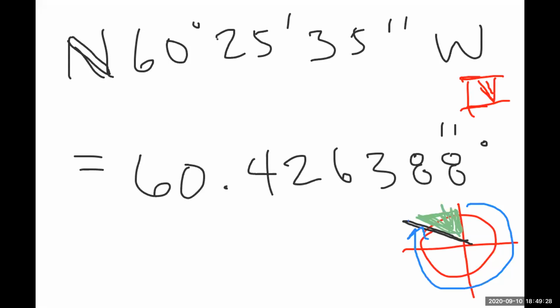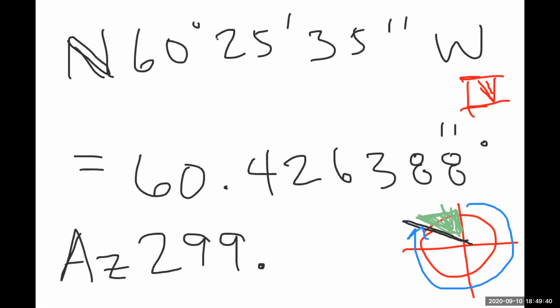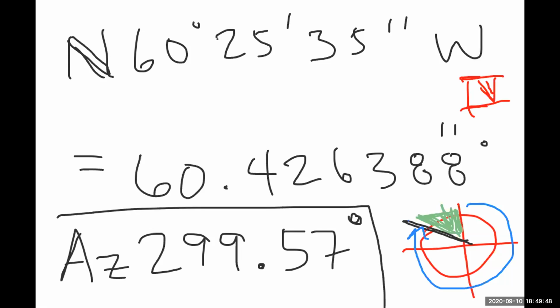So my azimuth really is AZ, we always say AZ, 299.57 degrees, because I round to the nearest hundredth. So those azimuth and bearing are equal.